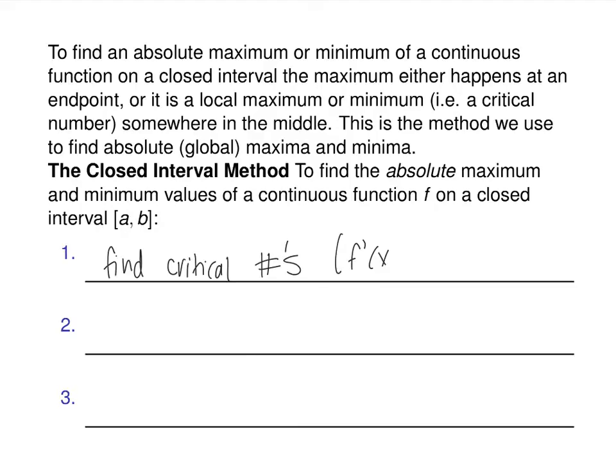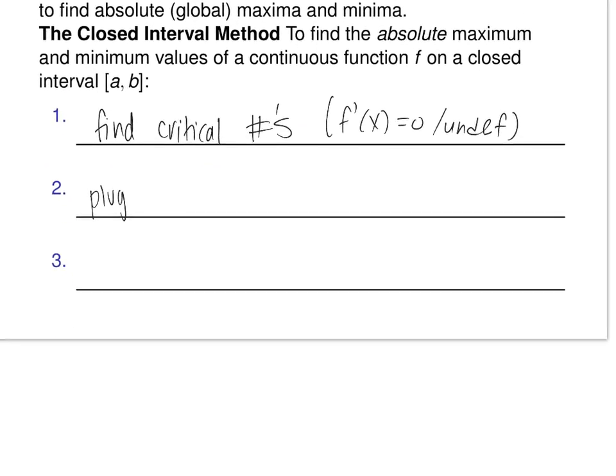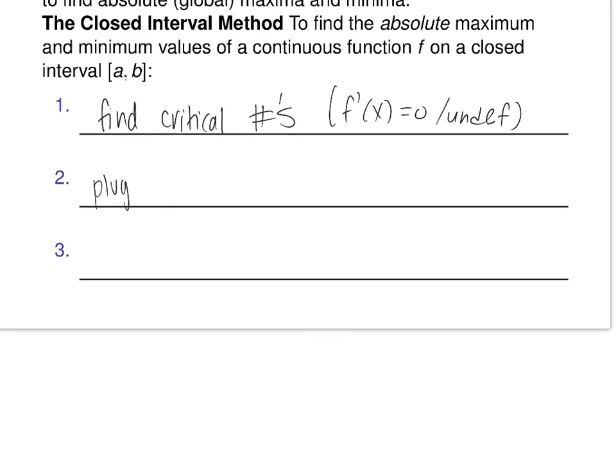So where f prime of x is 0 or undefined. And then you want to find the absolute highest or the absolute lowest on that interval. Which means if you're going to find the absolute highest or absolute lowest, you've got to find the y's.